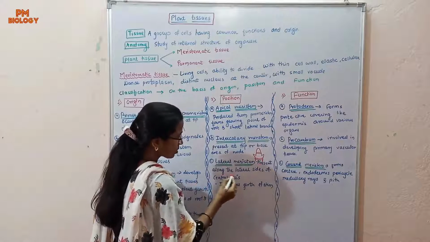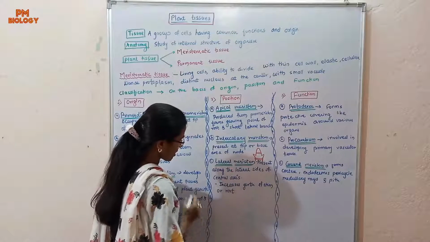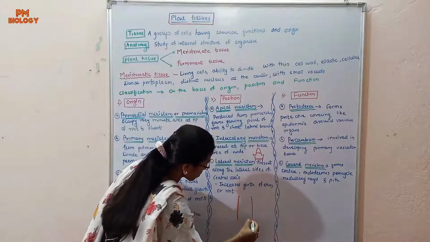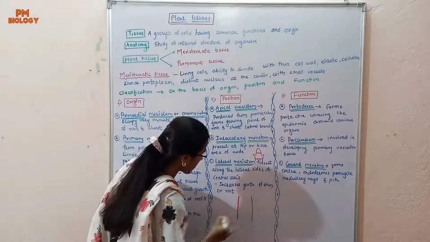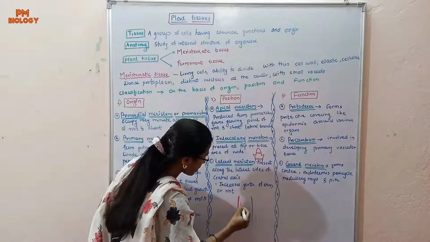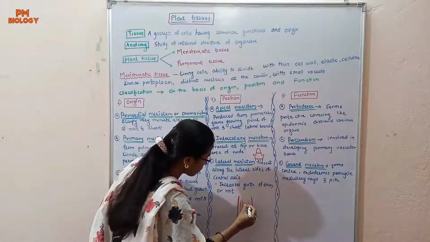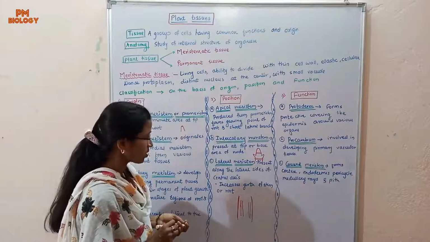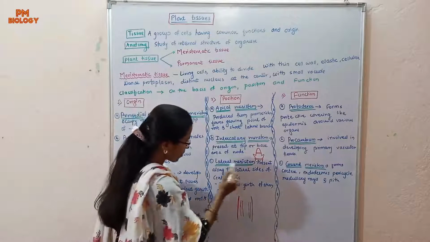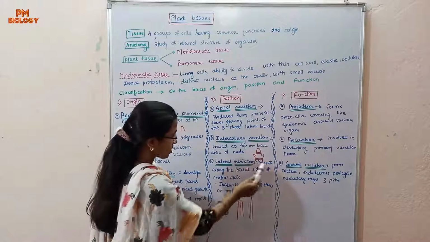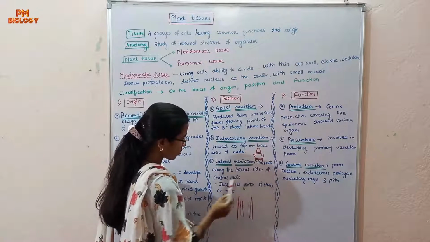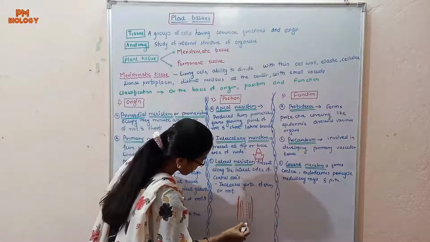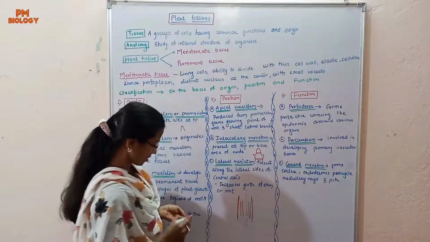These are present along the lateral sides of the central axis. Suppose this is the shoot or root portion of the plant, and the tissues found at the lateral sides of the stem form our lateral meristem. This is the central axis and they are located at the lateral sides.